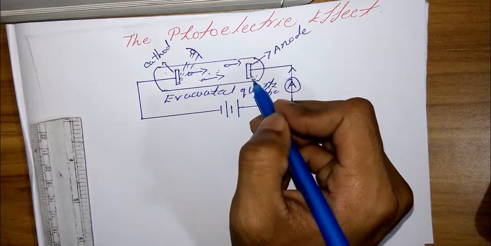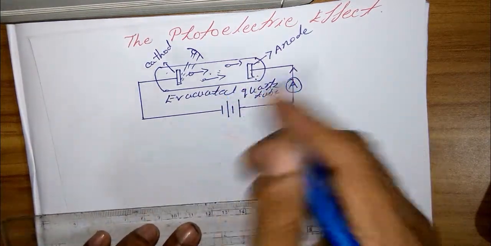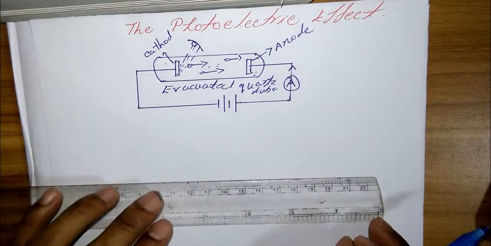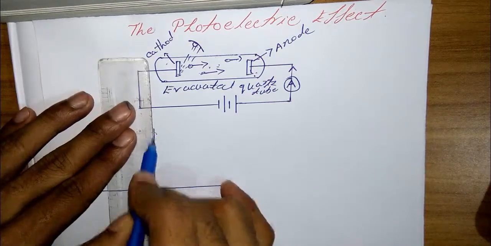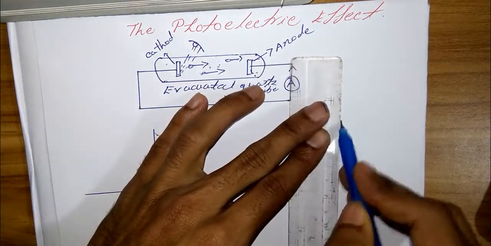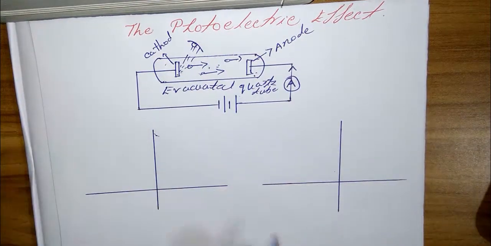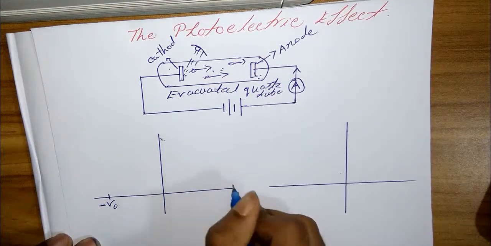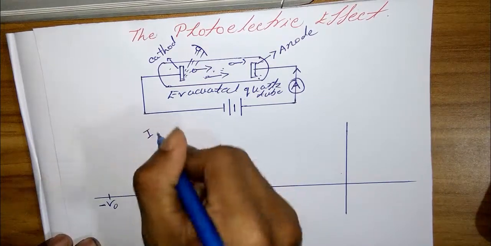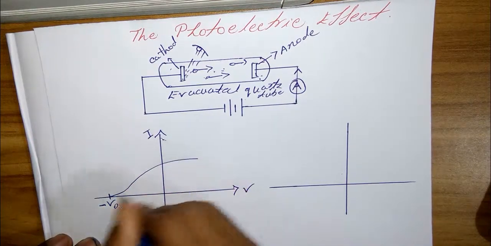So the results from the photoelectric experiment are like this. Here is the voltage, negative to positive, and this is the current. The saturation is like that.